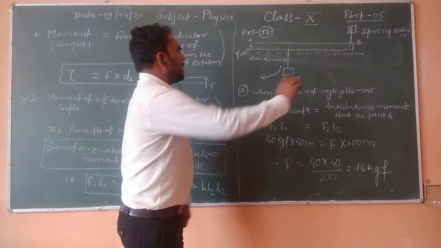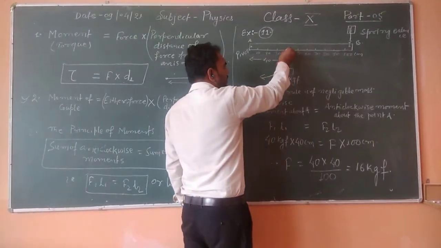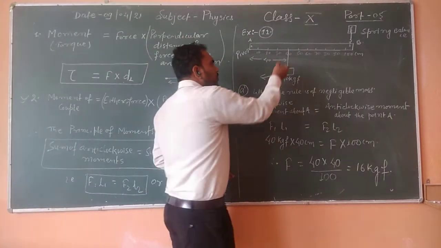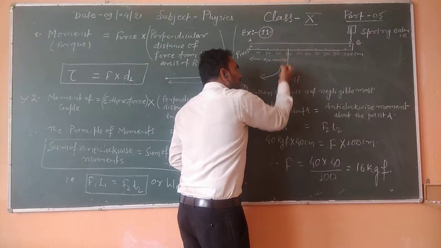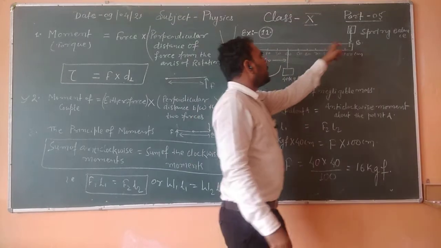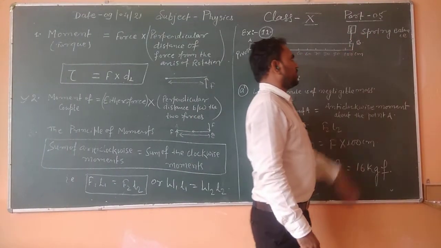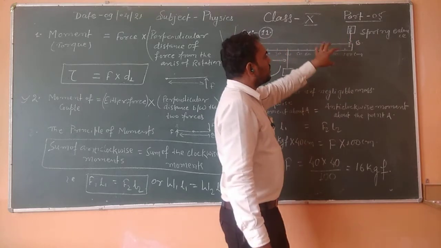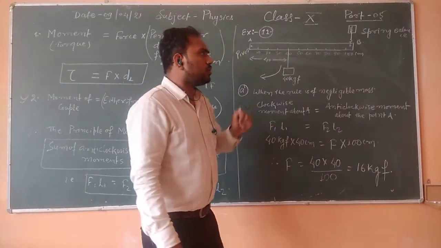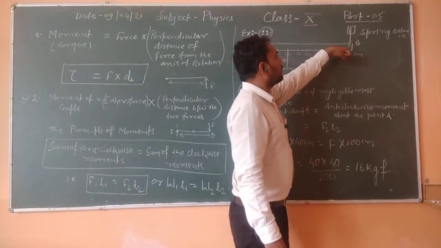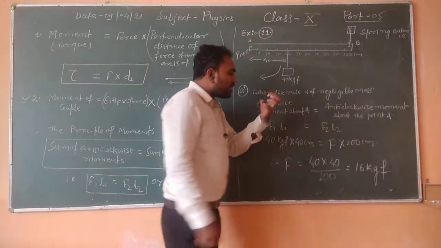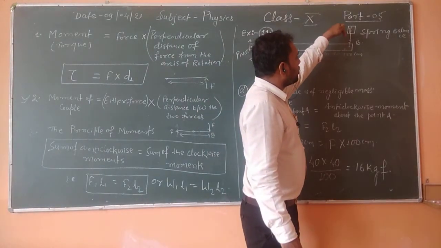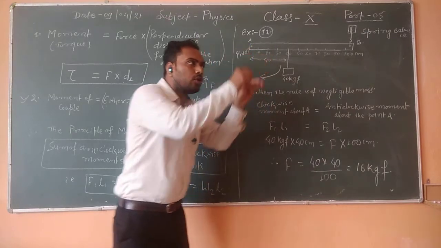If I am hanging 40 kg of weight here at 40 centimeter, this weight will bring this ruler down. If we disconnect the spring, the ruler will come down, but if the spring is connected, the ruler will definitely not come down because it has been hinged and some force has been added. What amount of force is required so that this ruler does not come down, means point B will not come down?